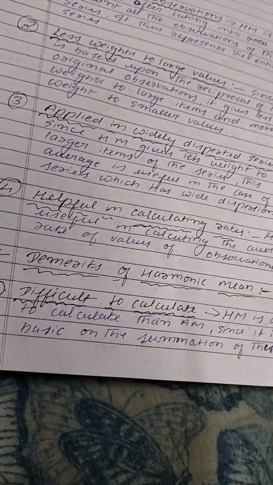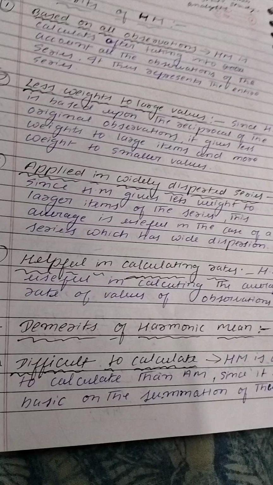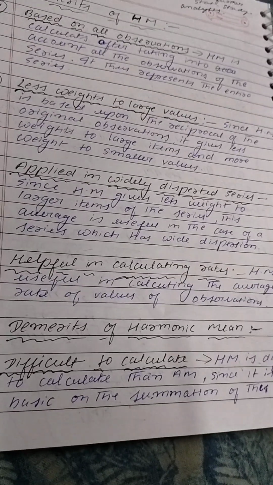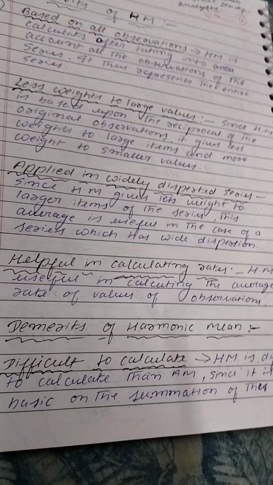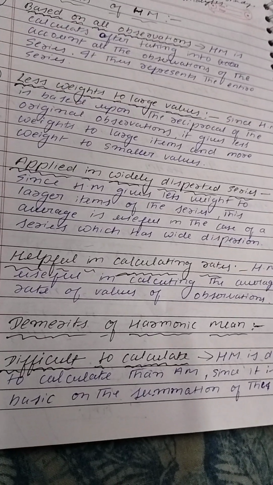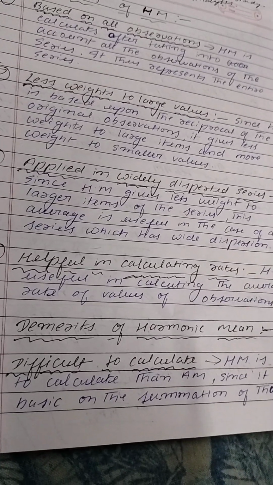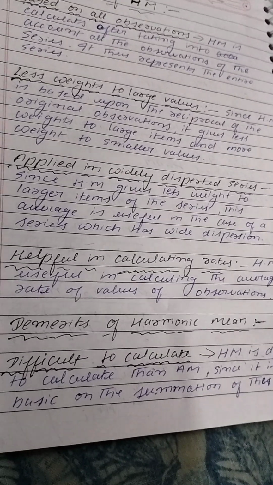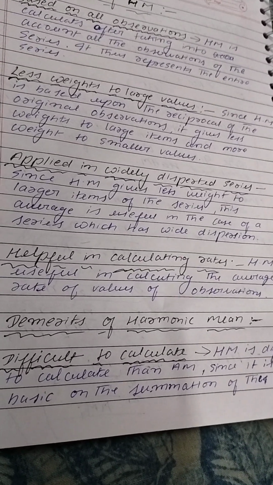Then we have the third, which is that it is applied in widely dispersed series. Since HM gives less weight to larger items of the series, this average is useful in the case of series which have wide dispersion.